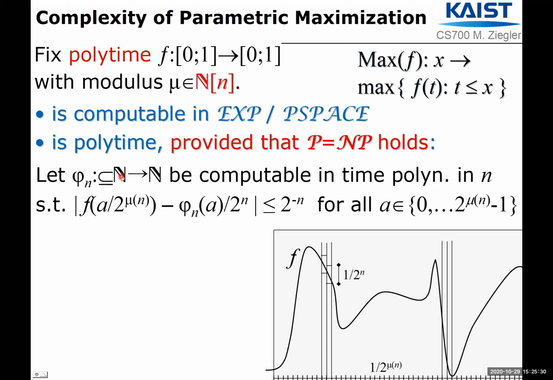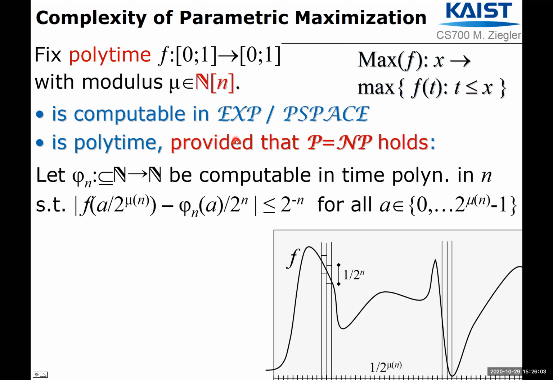This is a discrete function, a partial function from natural numbers to natural numbers, that provides the numerators to dyadic rational approximations to the function values of the original function, up to error 2 to the minus n, on dyadic rational arguments, more precisely, on dyadic rational arguments with denominator 2 to the mu of n, 2 to the minus mu of n, rather than 2 to the minus n, because this is our modulus of continuity.